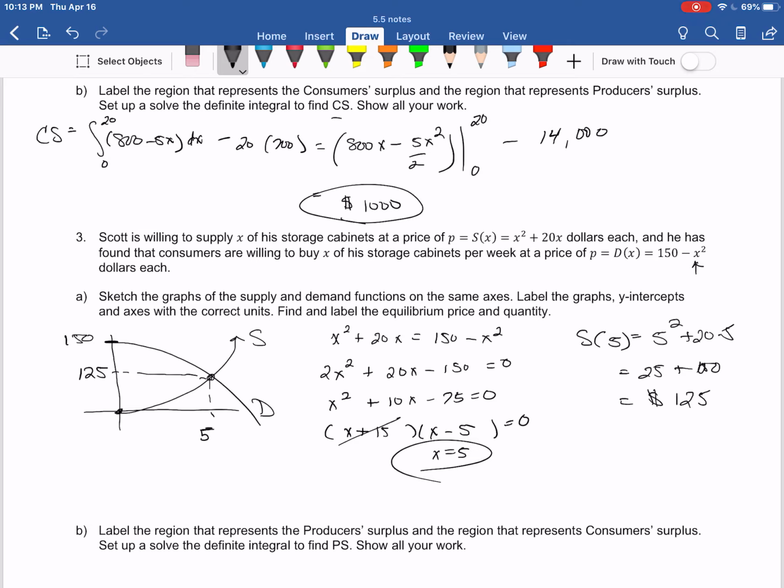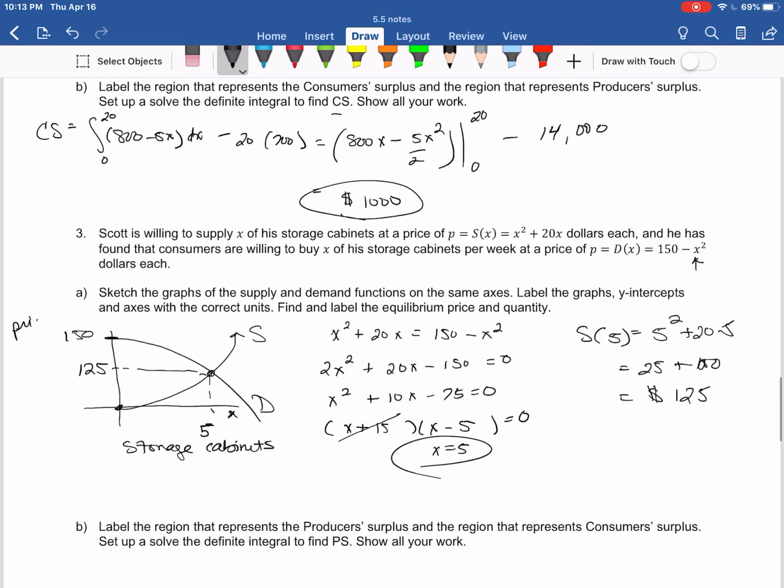I didn't do a very good job labeling my axes. X stands for the number of, I don't know, storage cabinets. Here, let's put it down here. X storage cabinets. And the y-axis stands for price.